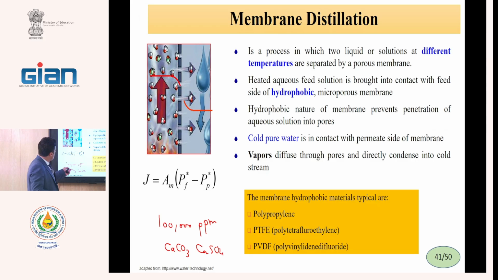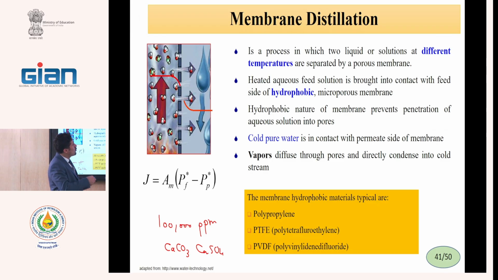In this case, we can use membrane distillation for further treatment of the saline solution, because in this case we have no concentration problem, and we have no pressure, no delta P, because in this membrane type the driving force is temperature difference.